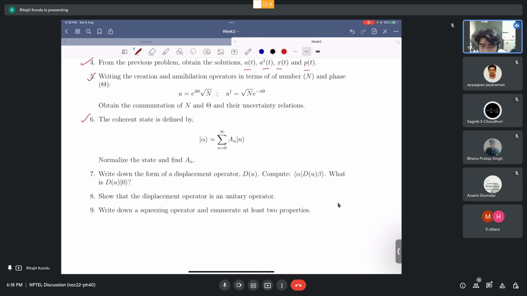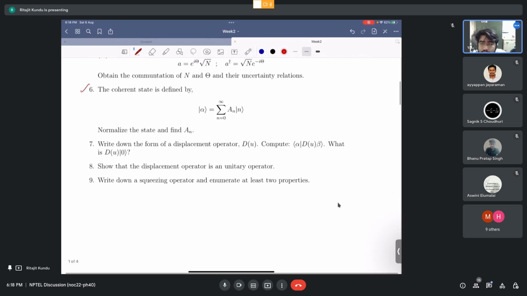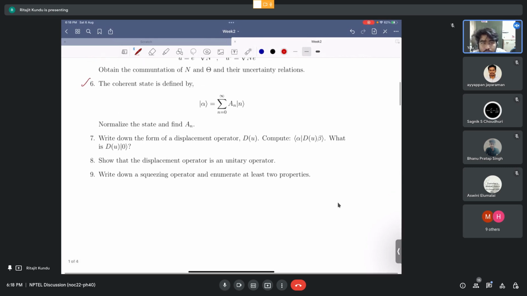If you look at the video of coherent states, Professor Saurabh Basu explains very well how to calculate this. So I'll not be doing that. I'd rather encourage you to look at the video to complete this problem. Let me write it as a reference to the video.